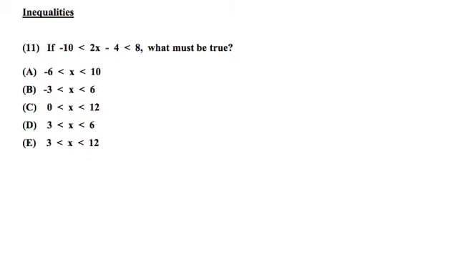The next problem type is inequalities. If you want to try this on your own, you can pause the screen now. With a two-sided inequality like this, you want to take each side separately. So on the left-hand side, we have 2x minus 4 is greater than negative 10.